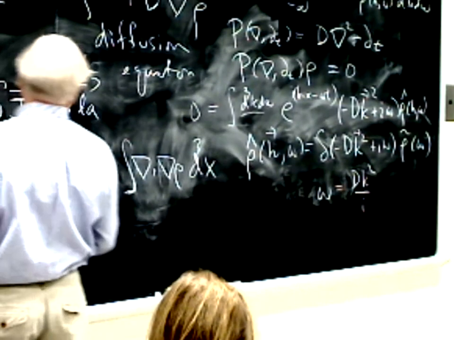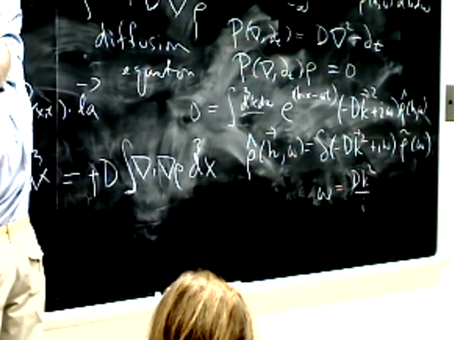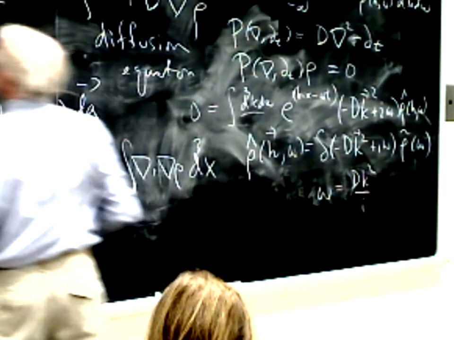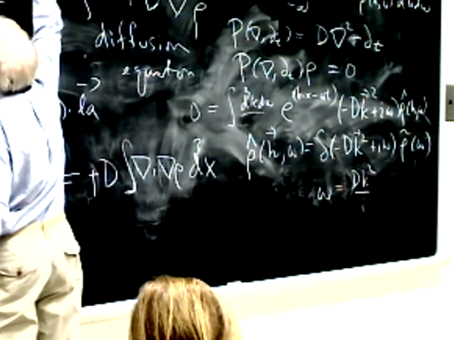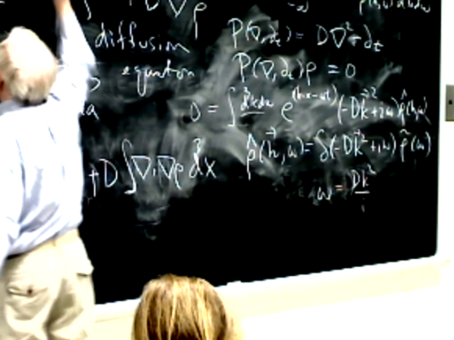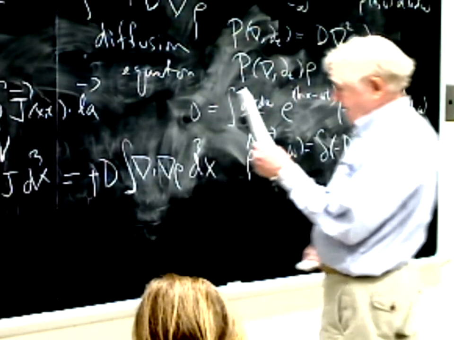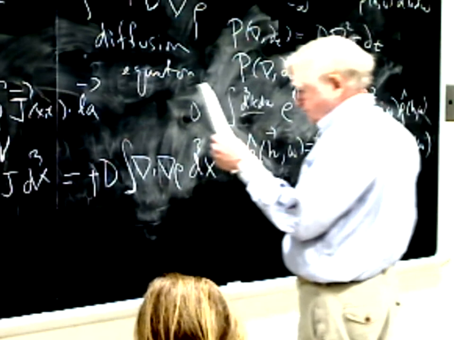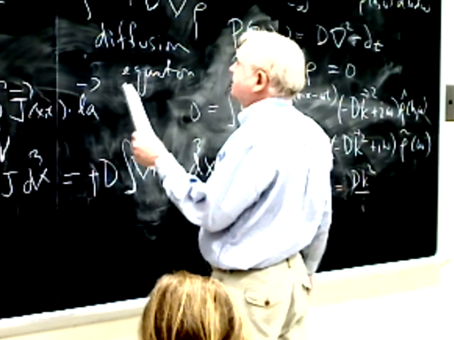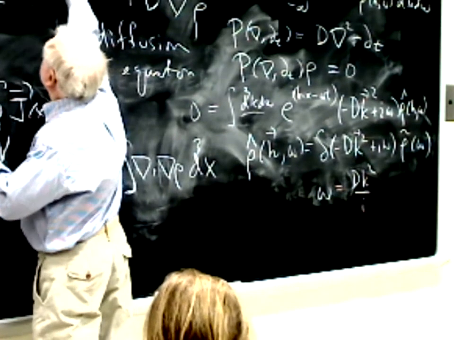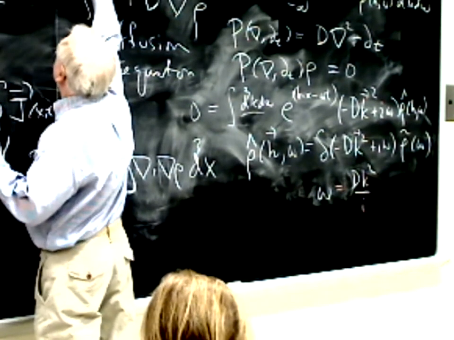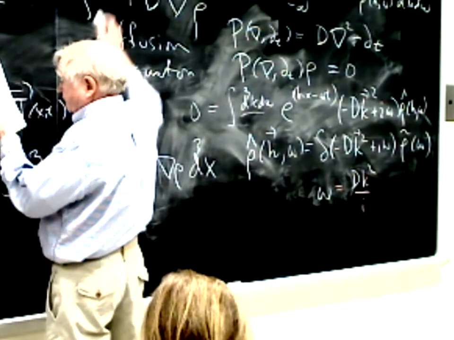So minus i t times omega, right? And omega is d k squared over i. So the i's cancel, and what's left then is a rho tilde of k, d cubed k.